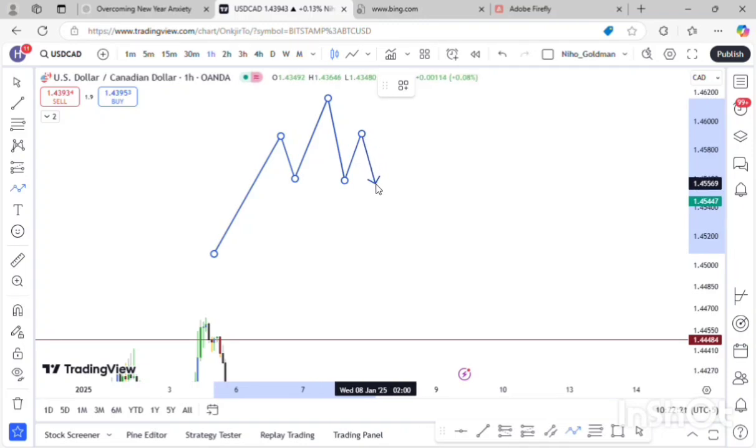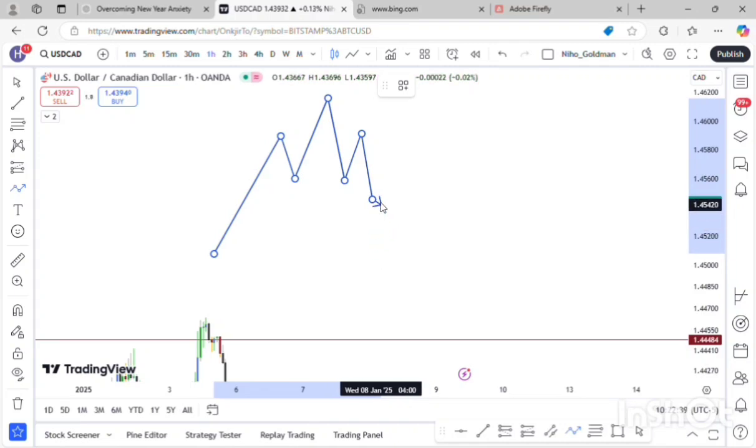Once it rejects and takes out these previous lows, to somewhere here, then we are expecting this particular market to fall down to this place.